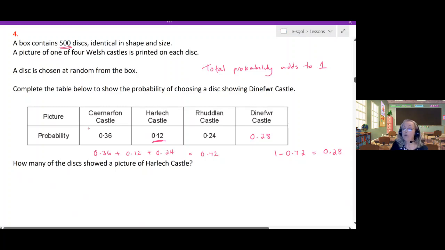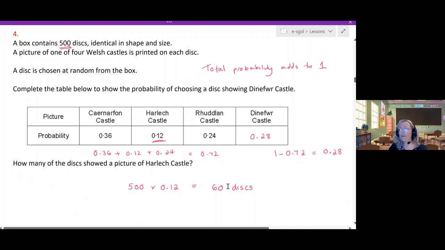So in order to find out how many of them showed a picture of Harlech Castle, I do 500 multiplied by 0.12, and 500 multiplied by 0.12 is going to give me 60 discs. So there were 60 discs with a picture of Harlech Castle on them.